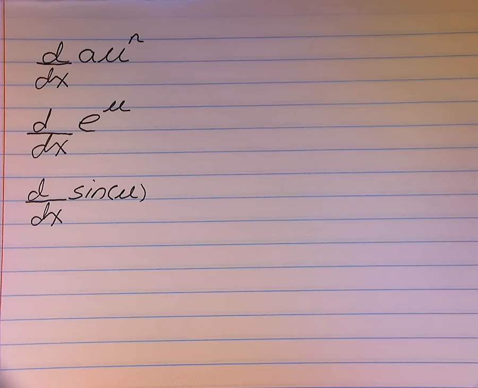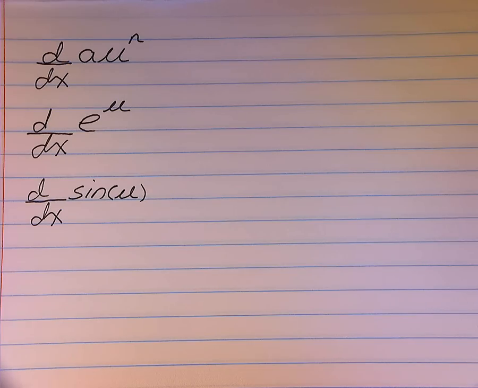When we do a u substitution and end up with u being a function of x, basically I want my substitution to be a simple, straightforward formula that I can take the derivative of. For example, a u to the n is a power function. I can easily take its derivative. e to the u, the exponential function, very easy to take its derivative. Sine of u, very easy to take its derivative.